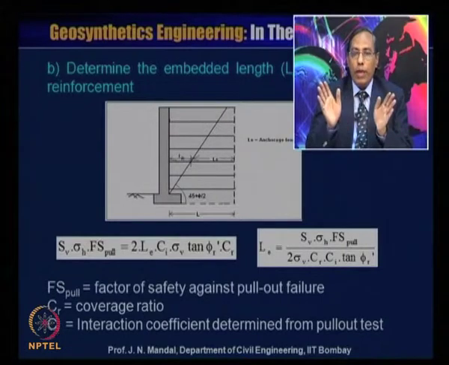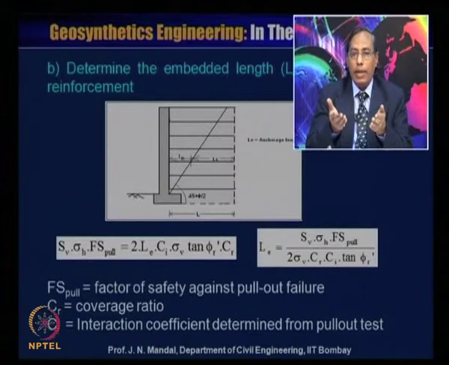Suppose CR value may be 1, and then from the pull out test you can calculate what is Ci value. You can conduct the direct shear test of the soil and determine what will be the phi or C value. Then you can perform the pull out test from where you can calculate what should be the anchorage length.